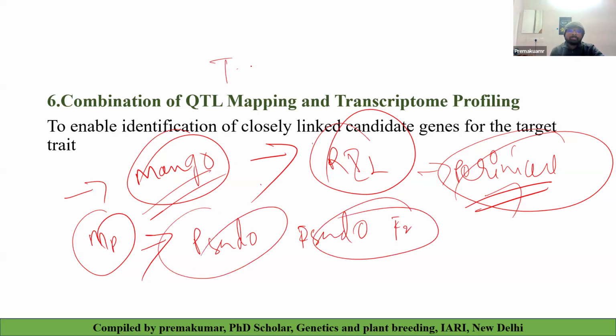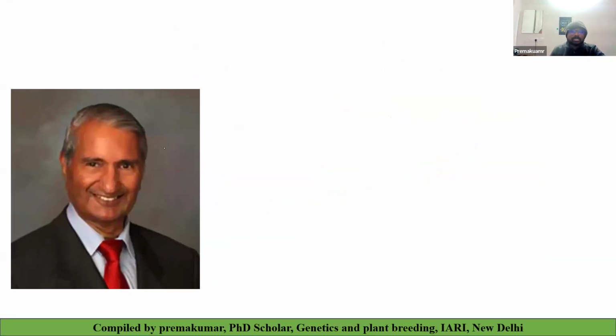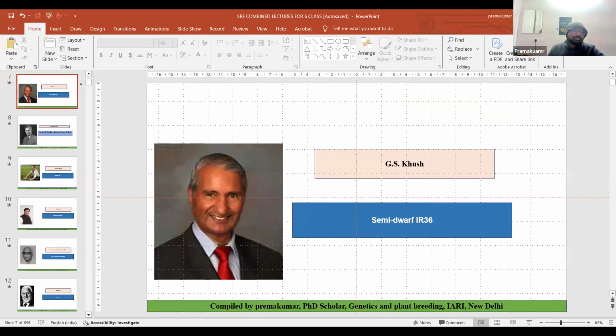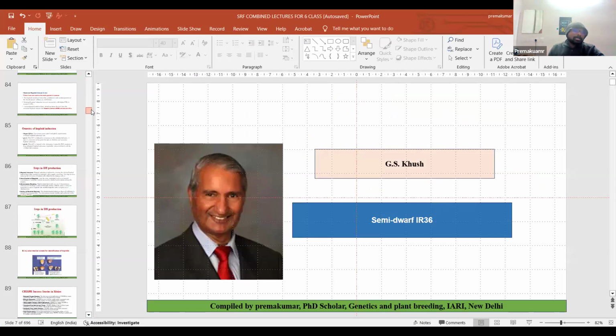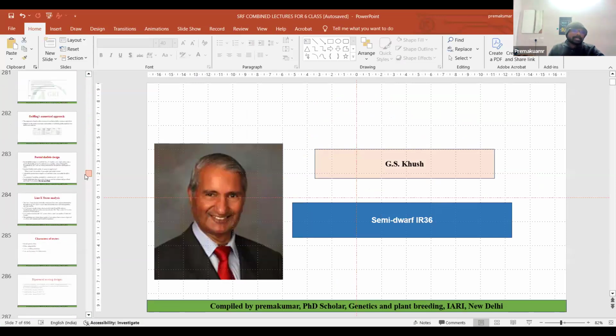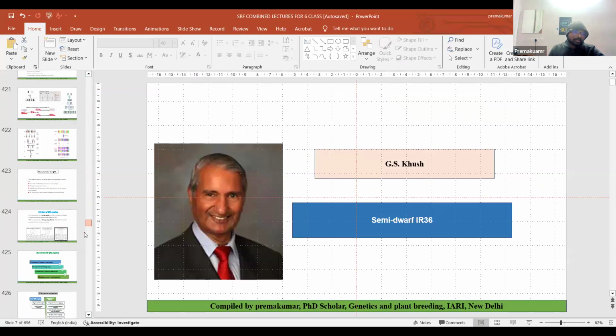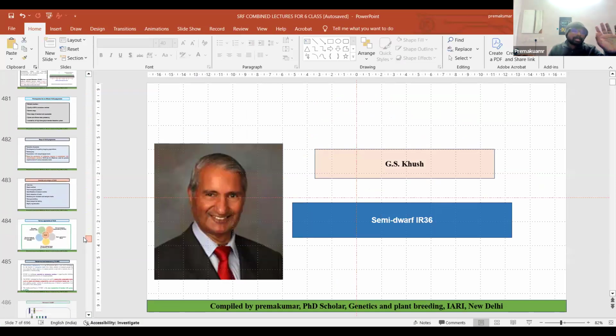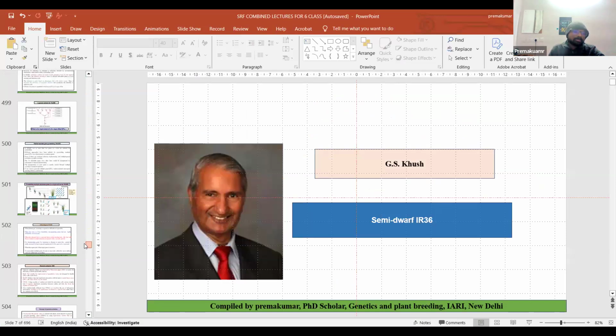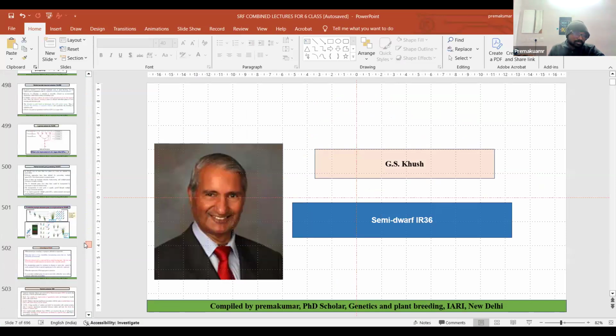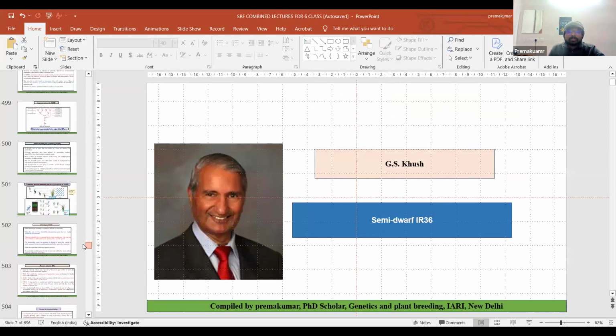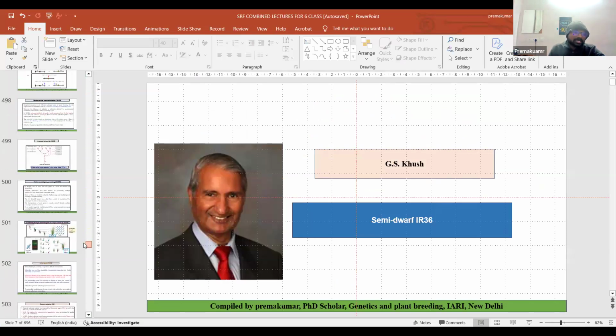Almost all tree crops like mango are heterogeneous. An F1 may be directly used for mapping sometimes because they are pseudo F2s. Even though they are F1, they are highly segregating in nature.